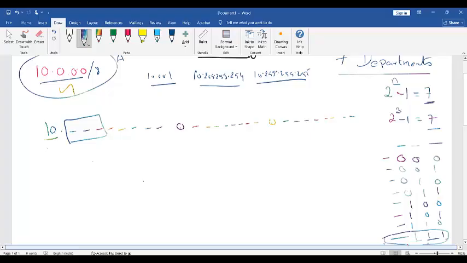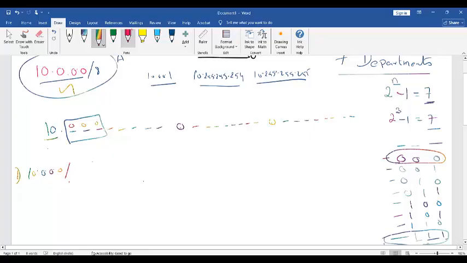Alright, so now let's see how to do this. I'm going to take the first one, all zeros. So the first subnet is 10.0.0.0.